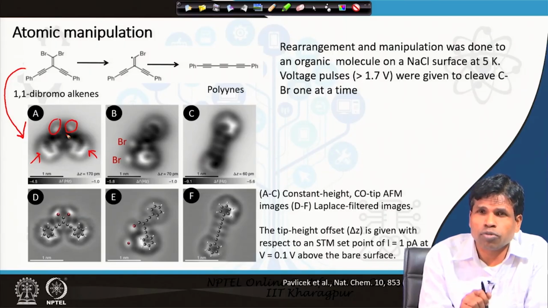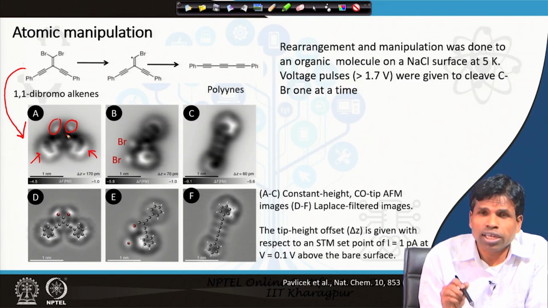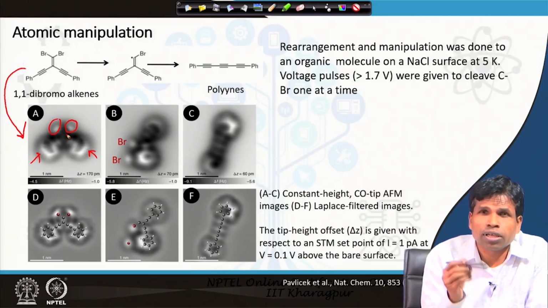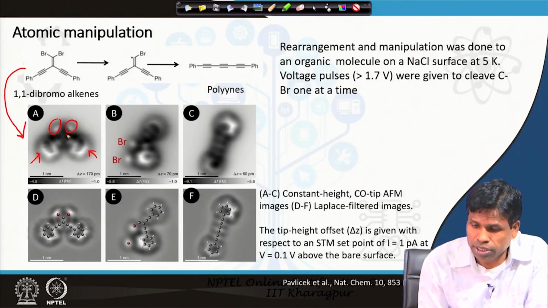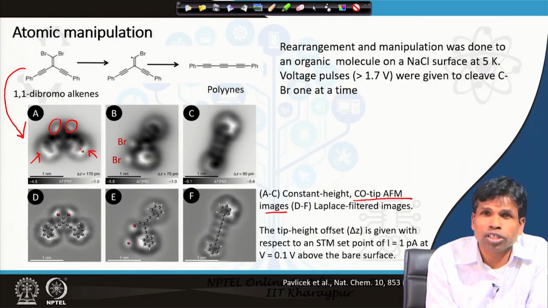We have discussed that contact mode of AFM is good in providing high atomic resolution, but on the other hand, in this mode we can attach chemicals at the tip of AFM, and thereby the tip can be of much smaller size, which can be utilized for getting atomic resolution. That is what you see here. The tip was a carbon monoxide functionalized tip, therefore we could get atomic resolution even in non-contact mode.